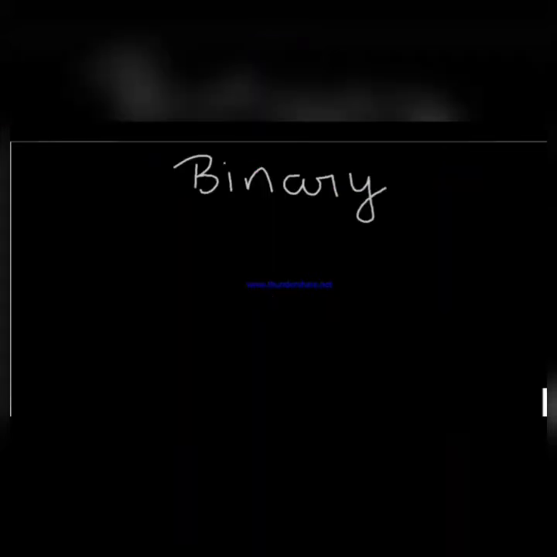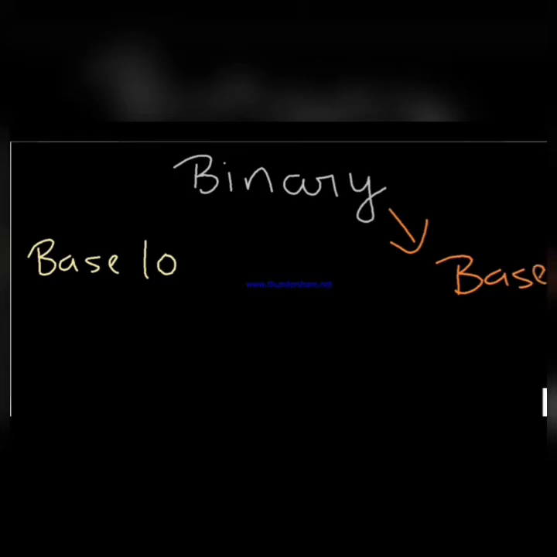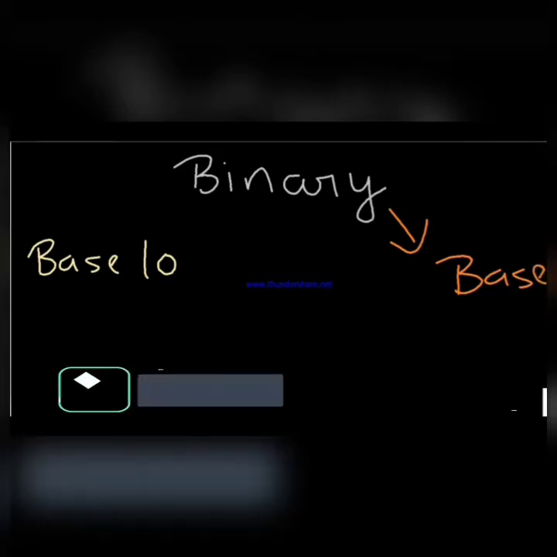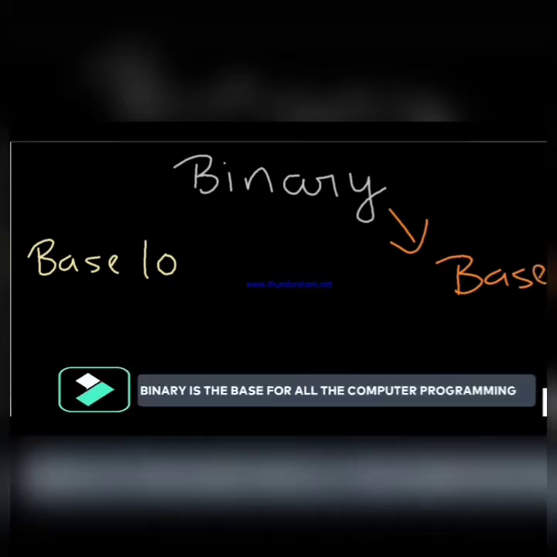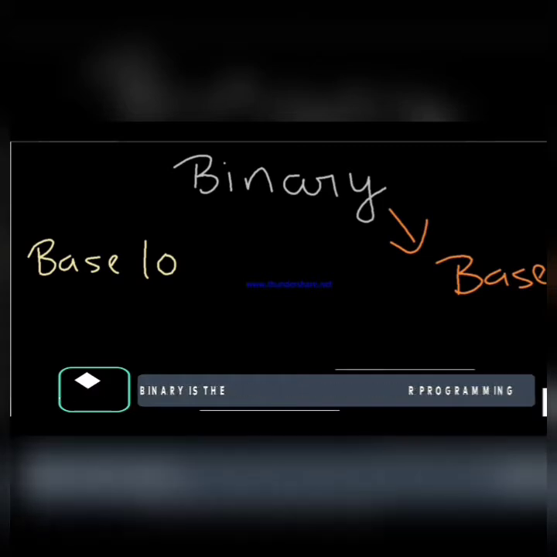Now let's move to a bit more complex number system, the binary number system. In the previous number system, we had base 10. But in the binary number system, we have base 2. It is the base for all computer languages, all computer programming.